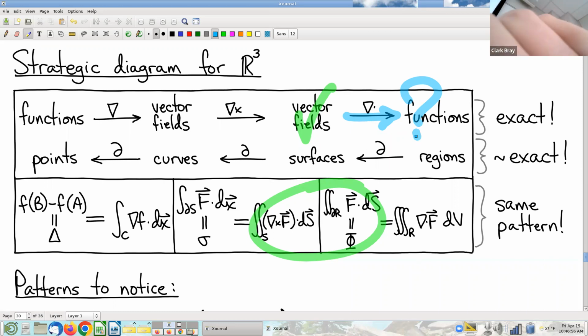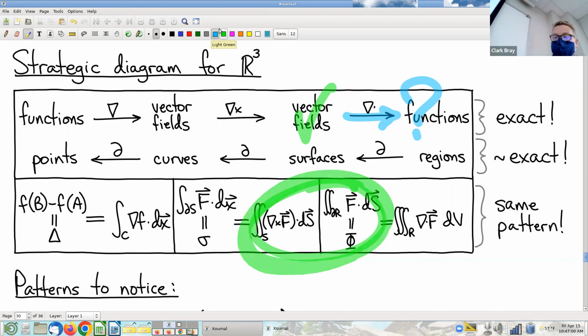When you've been asked to compute a flux, compute the divergence. If you get not 0, then you know what your integrand is, possibly for use of Gauss's theorem, if you're going to go that route. On the other hand, if you get 0, then you know there's the option of using Stokes's theorem.